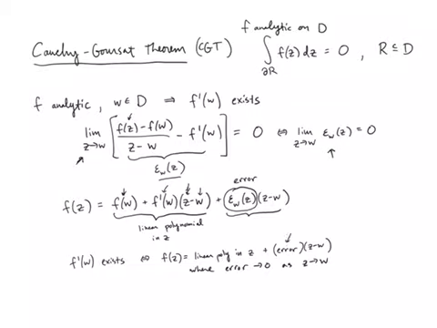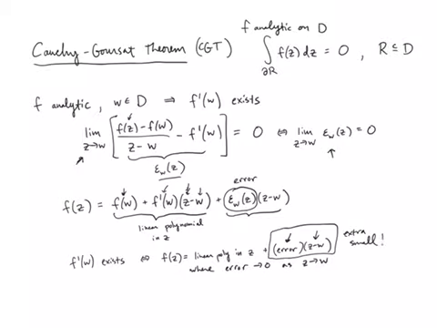The closer z is to w, the closer this error is to 0, and also z minus w is very close to 0 when z is close to w. So this extra stuff, the part that's not in the linear polynomial, is extra small, doubly small.